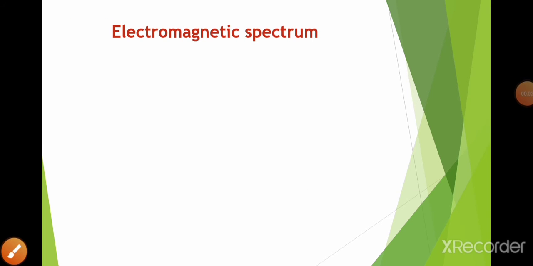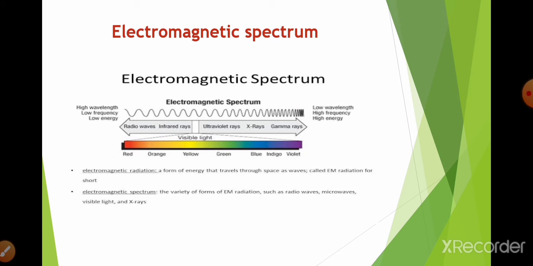Now let us see what is meant by electromagnetic spectrum with the help of the given figure. This figure shows the electromagnetic spectrum. This figure, that is like a spring, is nothing but the whole electromagnetic spectrum, which consists of radio waves, infrared rays, visible light, ultraviolet rays, X-rays and gamma rays.